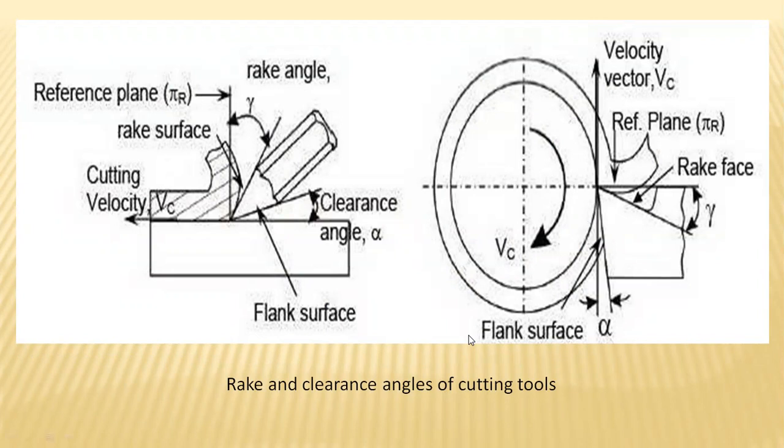For example, let us consider this is a shaping machine or planer machine, which is removing the material with a particular depth of cut, and by maintaining a rake angle with respect to the 90 degrees from the reference plane, and the clearance angle to be maintained with respect to the base workbench, which has been fixed.